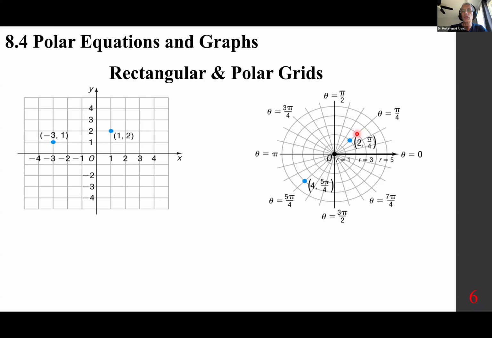You go three tick marks, it becomes 3, pi over 4, then 4, pi over 4, 5, pi over 4. That's the way it works. If you look at this one, we have the angle 5 pi over 4, and then we start counting 1, 2, 3, 4 tick marks.